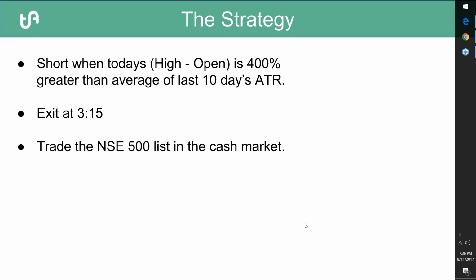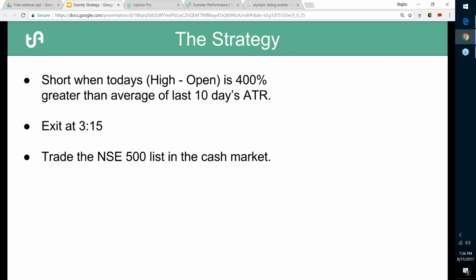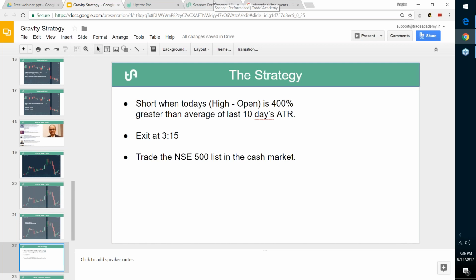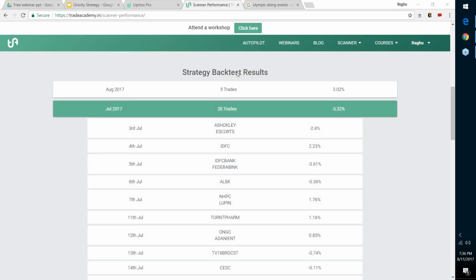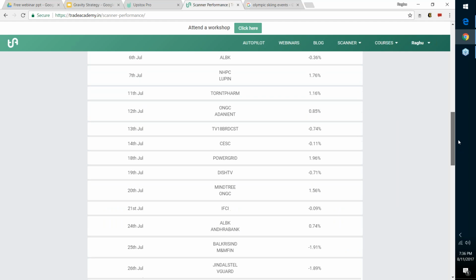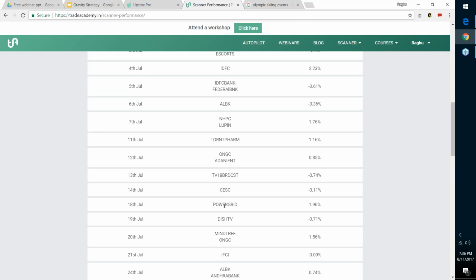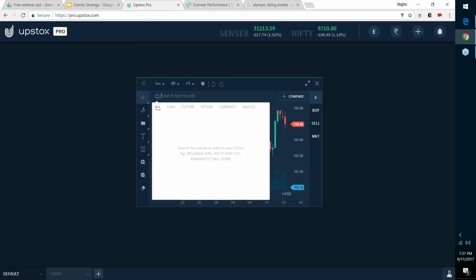So Karan is asking for one more example. Sure, no problem. Okay. So let me pull this up. Let's find an example here. So power grid, right? So power grid on 18th July, all right?